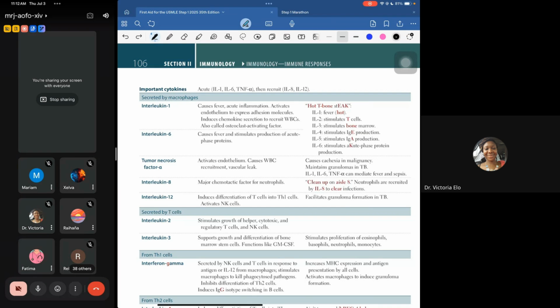The endothelium gets activated, vasodilated, and then there's going to be septic shock, with vasodilation of arteries. There are a lot of different ways it can cause vasodilation.